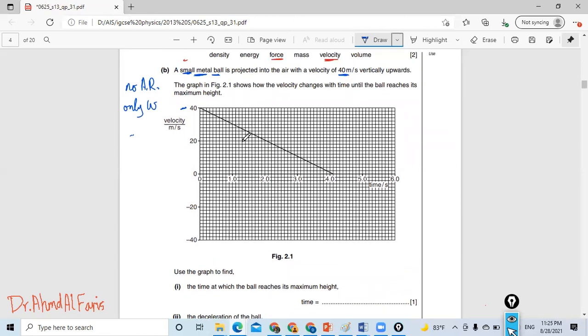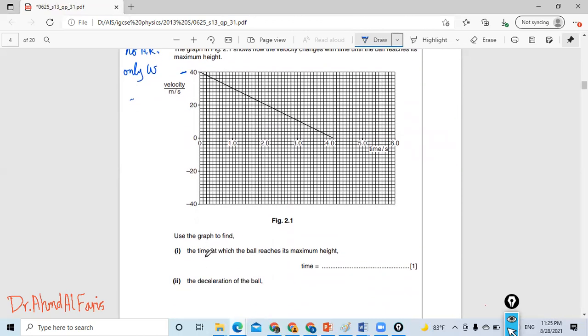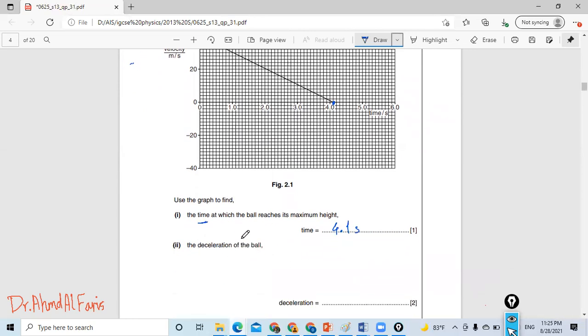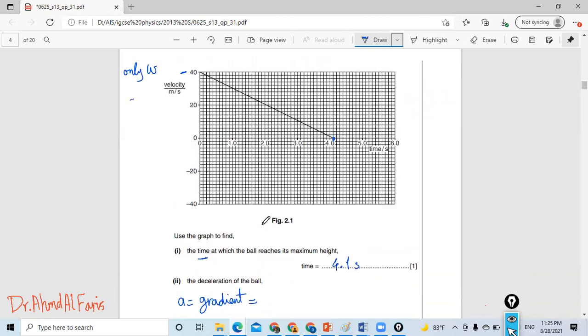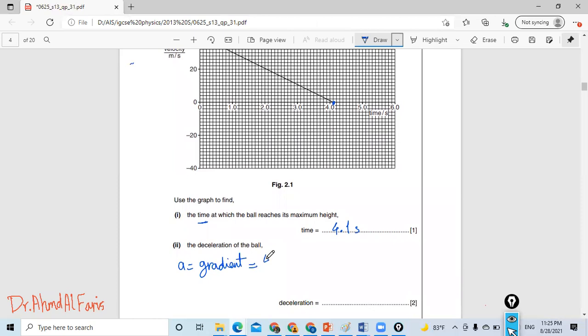They ask us to use the graph to find the time until it reaches the maximum height. It's approximately this point, which is 4.1 seconds. Now they ask about the deceleration. We know that the acceleration is equal to the gradient, the rise over the run. Because they ask about deceleration, we neglect the negative sign. So the change in the y-axis, 40 minus 0, divided by the change in the x-axis, 4.1.